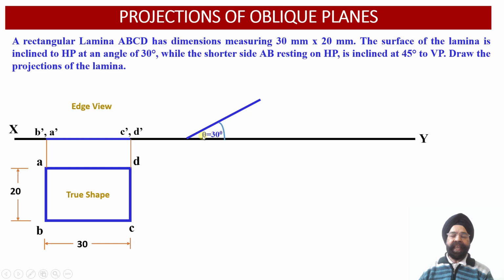So we have marked this angle of inclination theta. It is equal to 30 degree. Why have we marked this angle theta? Because this is the true length of the surface of the lamina, that is, the true length of the edge BC over here.